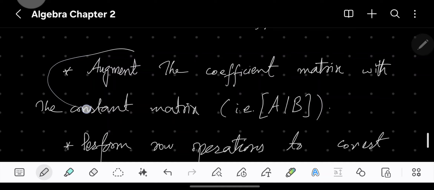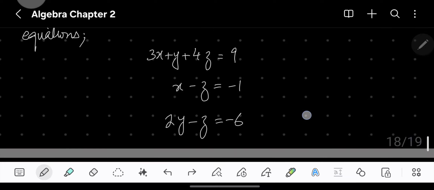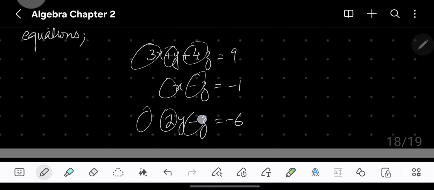First of all, I have to augment the coefficient matrix with the constant matrix. What is the coefficient matrix? It is formed by the coefficients 3, 1, 4 and 1. Then there is no y here, so 0, so -1. Similarly, x is 0, 2, -1.